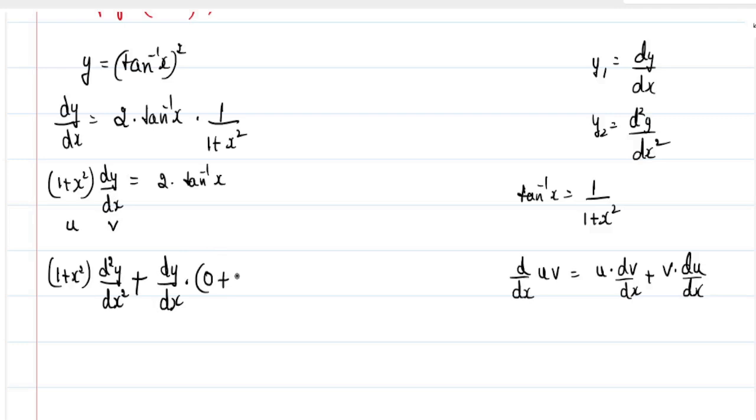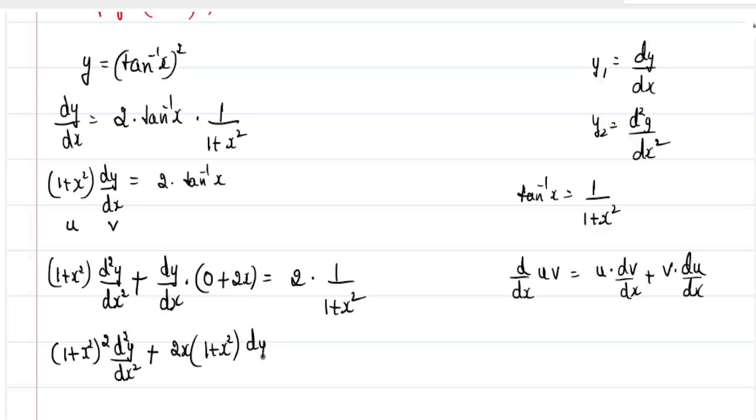Differentiation of x square is 2x, equal to 2 into differentiation of tan inverse x, which is 1 by 1 plus x square. Now again we'll take this term to LHS. So we get 1 plus x square into 1 plus x square, which is 1 plus x square whole square, d square y by dx square plus 2x into, this term will go here, 1 plus x square into dy by dx equal to 2.